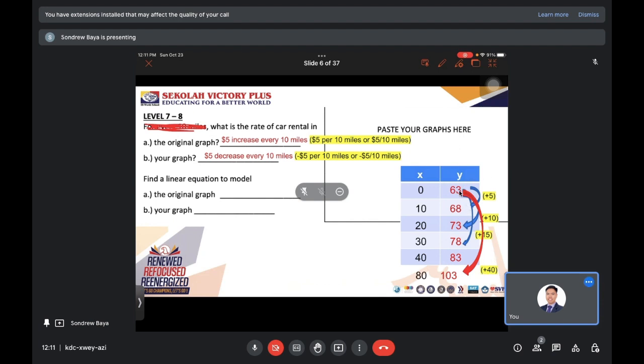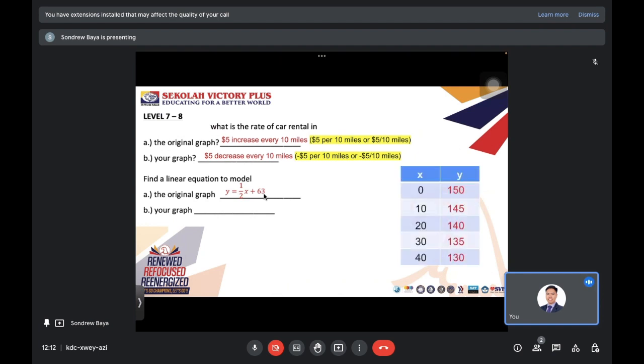Again, to find the total cost, we just have to find half of the miles driven, whatever the miles driven is, and add it to 63. In other words, the linear model we can create from this is y, the total cost, equals half of x, say 80, half of 80 is 40, and this 40 is added to 63. And this is now your linear model. All right?